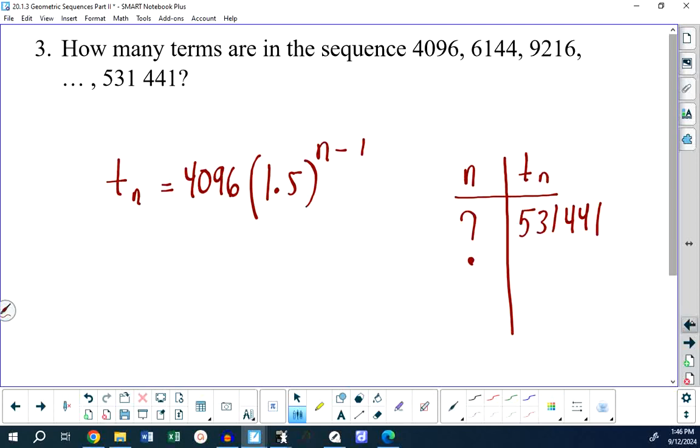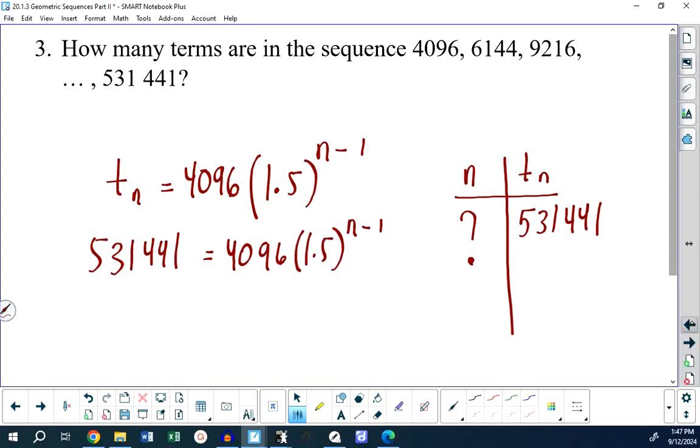This is kind of like when we look at our summation formulas, T sub n is the last term. So we're using T sub n because it's the last term. So you put in 531,441 as being equal to this. And you solve it, but you don't know how to solve it algebraically.